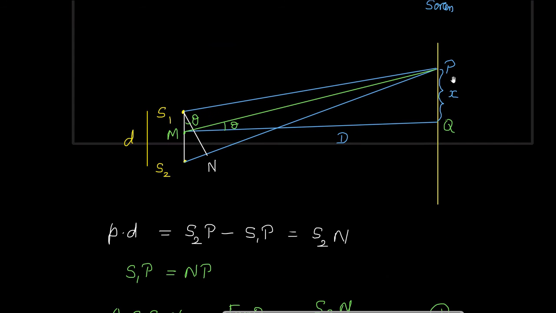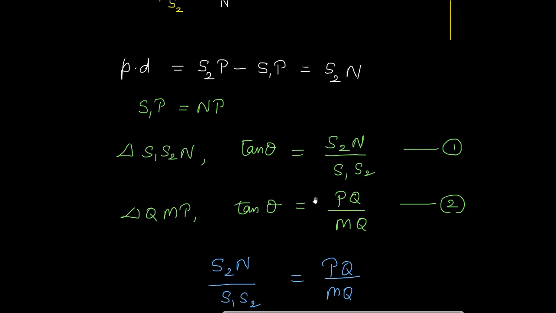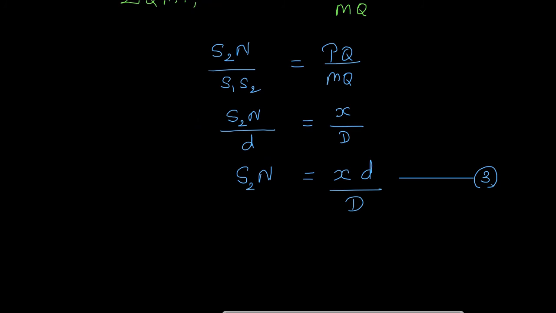For getting the nth bright fringe, we know the path difference between the waves must be n lambda, if lambda is the wavelength of light. So according to the condition of interference, n lambda equals x small d by capital D, which is equation number 4.